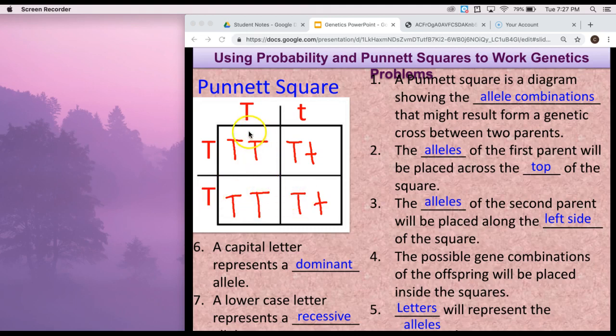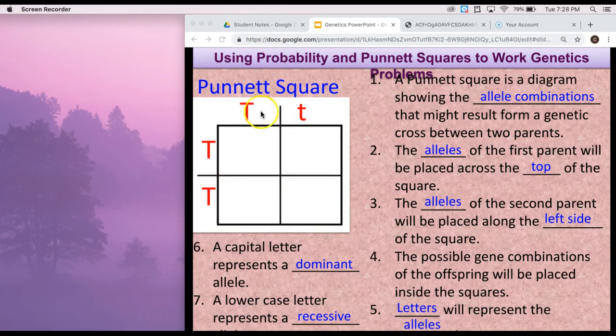Just like that. So we have homozygous dominant, heterozygous, homozygous dominant. All of those are either homozygous dominant or heterozygous, still with one dominant trait. Therefore, they are all tall. And then actually, I apologize. This is also heterozygous with one dominant trait, so therefore it is also tall.